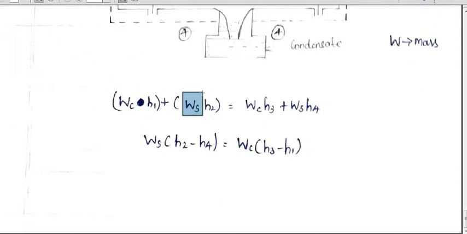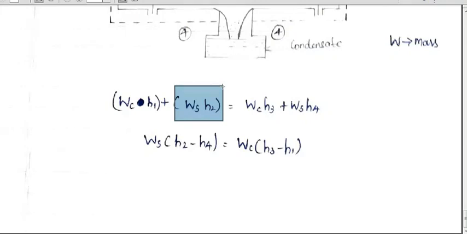So the total energy entering the system has two parts: one from cooling water, mass into enthalpy, and one from steam, also mass into enthalpy. We have denoted 1 and 2 as the inlets of cooling water and steam, so we write WcH1 plus WsH2.